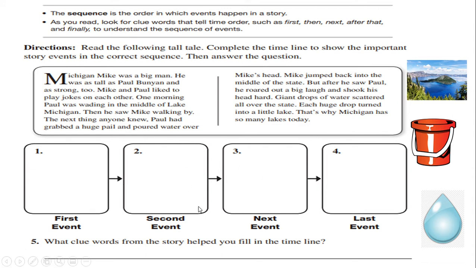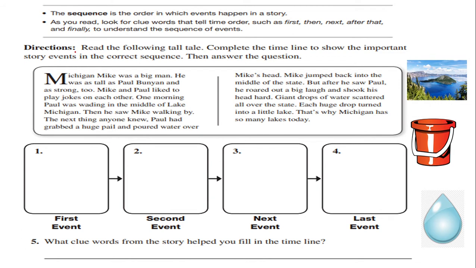There are diagrams and there are the clue words that I told you about: first, second, next, last. Also, this must be the sequence. So I'll put in my mind that this is sequence while I'm reading, so that I would underline the key words that will help me answer the questions.